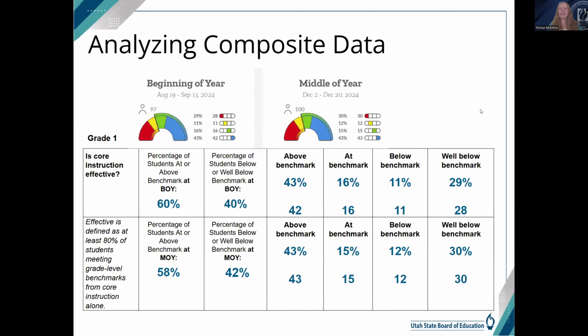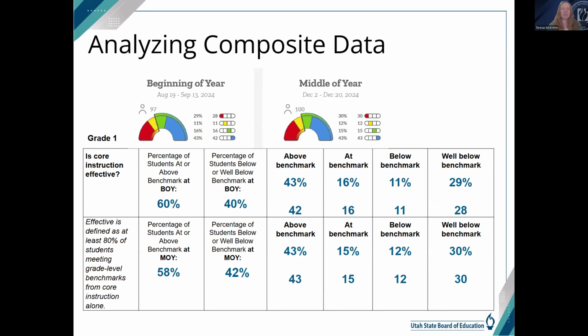So we're going to start by analyzing our composite score data. So this is looking at the rainbow view within composite score data and giving you an overall look at the benchmark levels for students. And the little rainbows, when I pull up the data view, you can either hover over the data rainbows, or I'll show you how to print them.